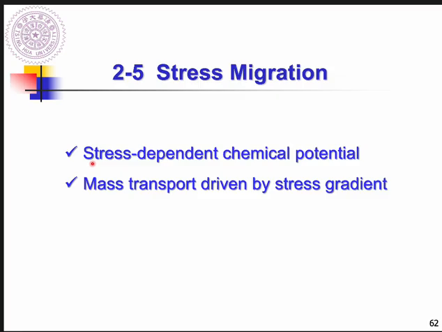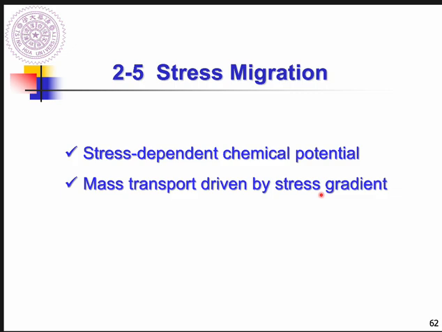Since we have a stress field, this stress will cause a difference in chemical potential. We get a potential term that differs depending on whether we have compressive or tension stress. So this mass transport is driven by stress gradient. So you need to learn how to express the compressive and tension stress and how to calculate the stress gradient.